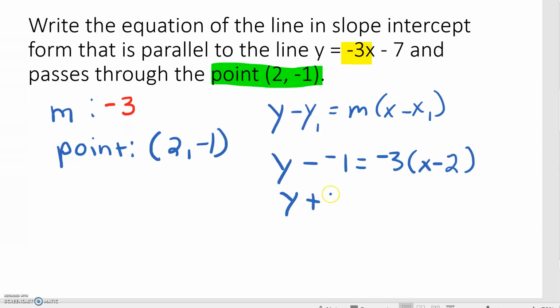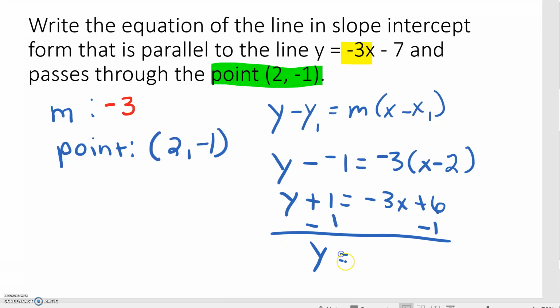So y plus 1 is equal to 3x minus 6. I subtract 1 from both sides. y is equal to 3x minus 7, and we have our equation in slope-intercept form.